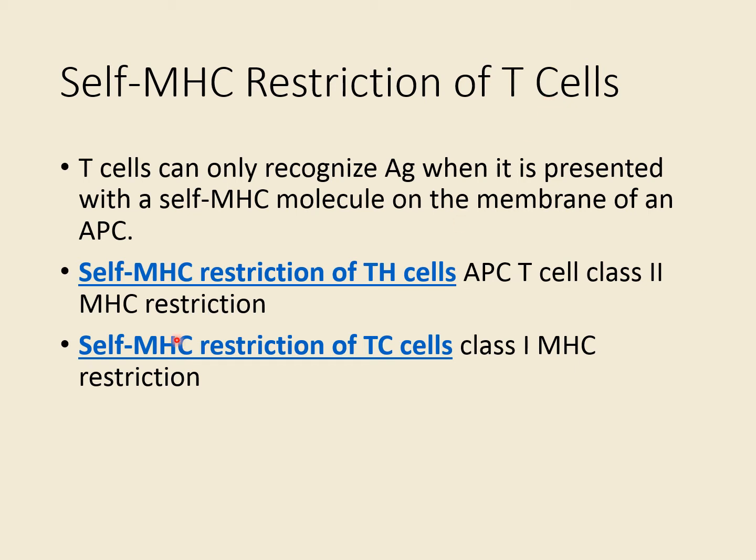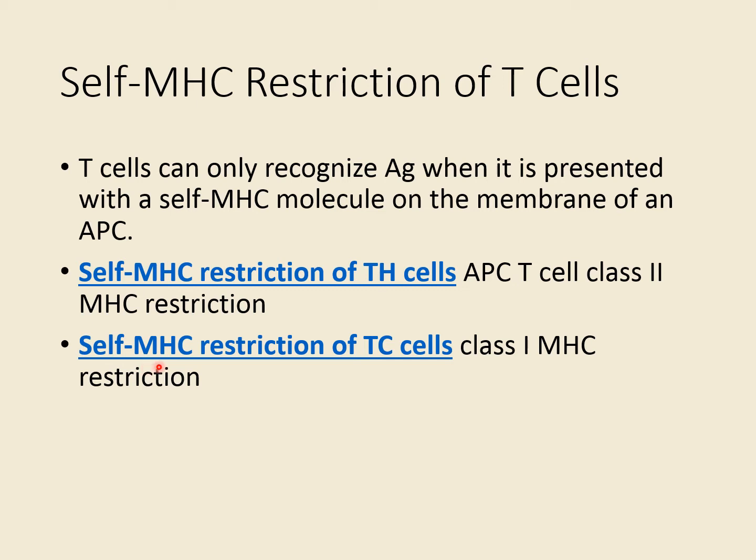There are two types of MHC restriction: self-MHC restriction of T helper cells and self-MHC restriction of T cytotoxic cells. In self-MHC restriction of T helper cells, the T helper cells will only respond to antigen presenting cells which display a self-MHC class II molecule carrying an antigenic peptide.